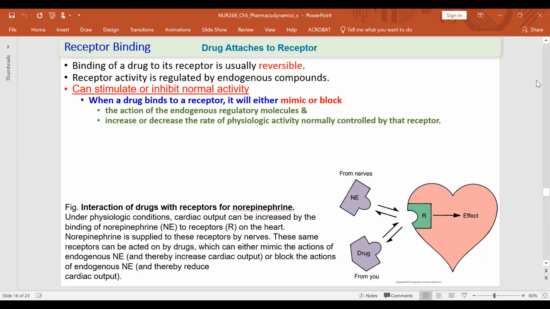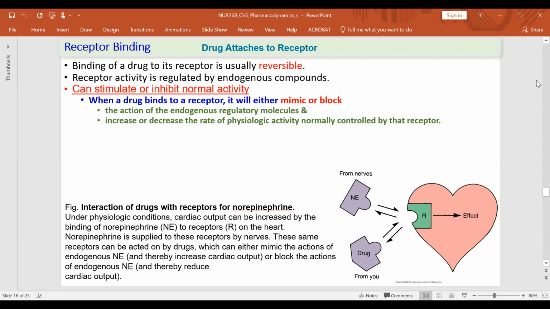The drug may trigger second messenger events, like activation of specific G proteins and associated enzymes. It may initiate the drug action. Below is an example of the interaction of drug receptors for norepinephrine. We have two different chemicals.